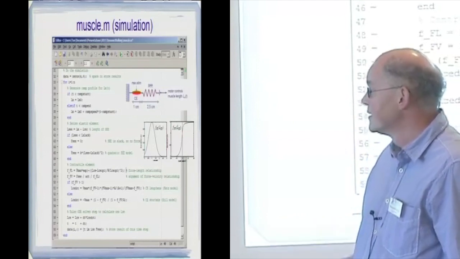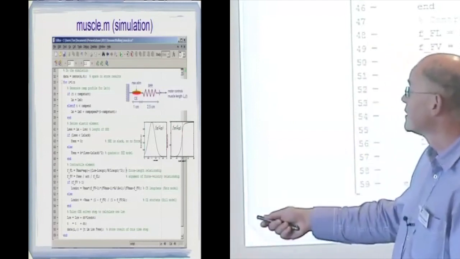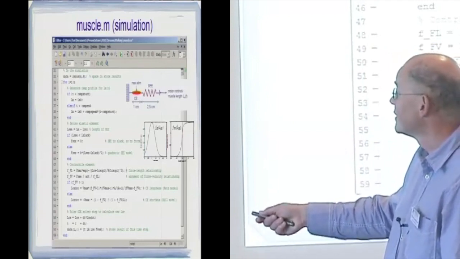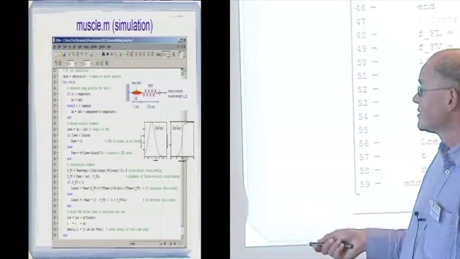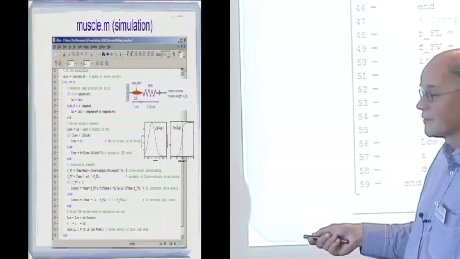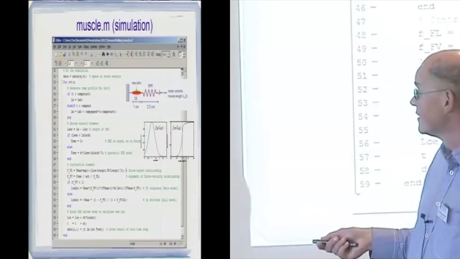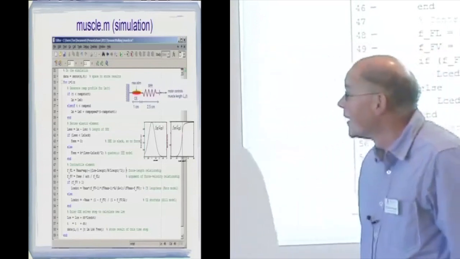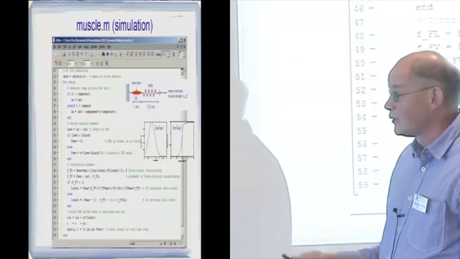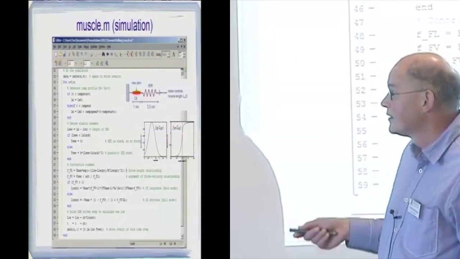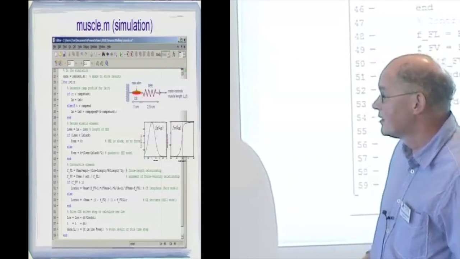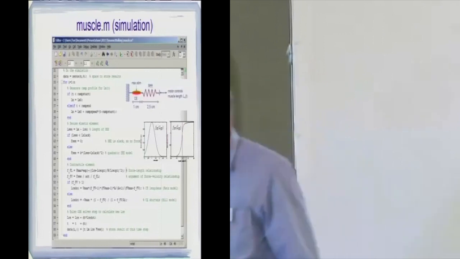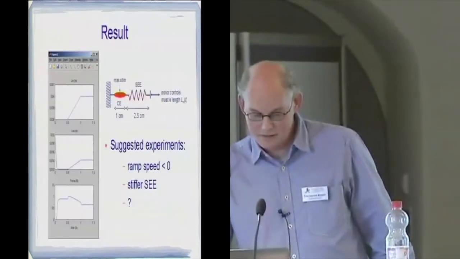And there's another if. If I'm above this point, I have this hyperbolic relationship. If I'm below this point, I have this other hyperbolic relationship. That's a model that came from Katz in the 1930s, and that's a model due to Hill, which also came from the 1930s. All very, very old, well-established models. Then I do my differential equation solver step, and I store the data, and that's basically it.